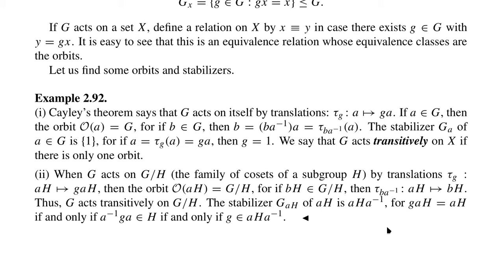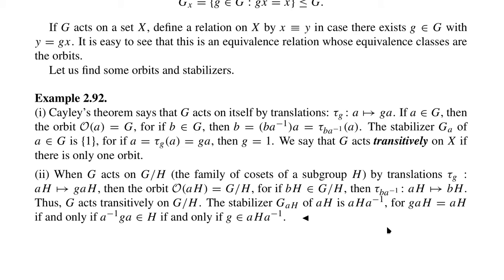Because if b is again an element of G, then b can be written as ba inverse times a, and this whole thing can be written as tau of ba inverse applied to a, because that's how you define the translation, right?